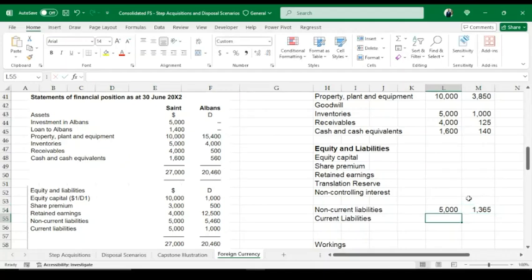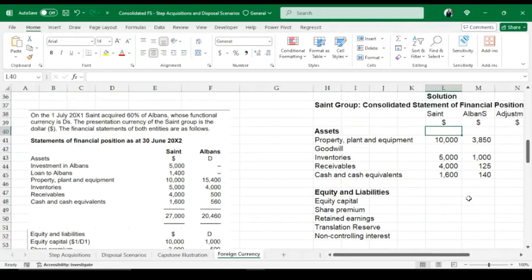Then our current assets will have 5,000 for Saint, and then for our subsidiary it is going to be 1,000 divided by 4. All right, so I hope you understand it up to this point. This is what we do initially.